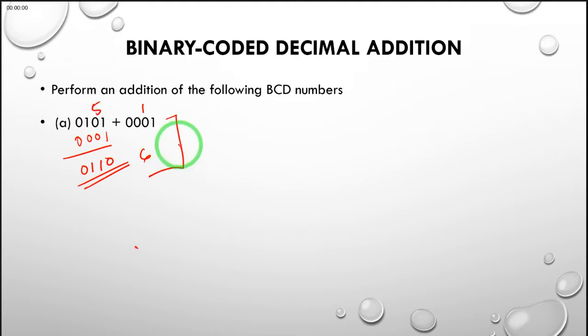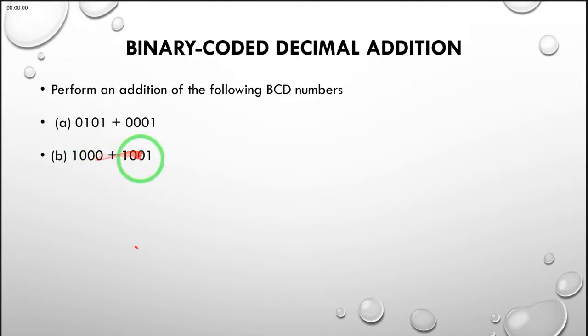Now we want to do another example. Given these two numbers, perform the BCD addition. This is if we just add them directly. I'll put this one here and do the addition: 1 0 0 0 1.